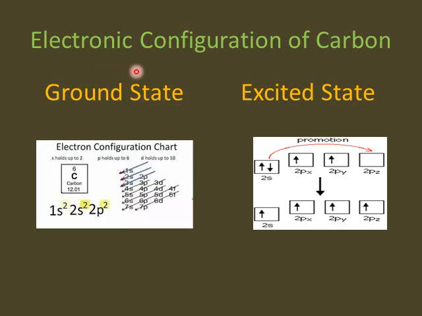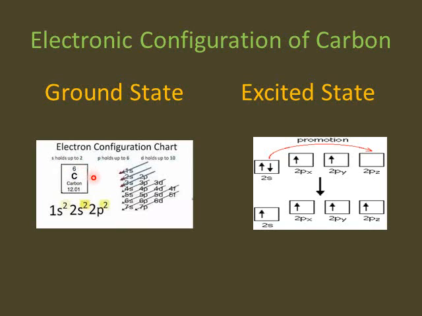Now we have to do the hybridization of carbon. Before starting hybridization, we should know about the electronic configuration of carbon. Electronic configuration is done by atomic number. So here the atomic number of carbon is 6.